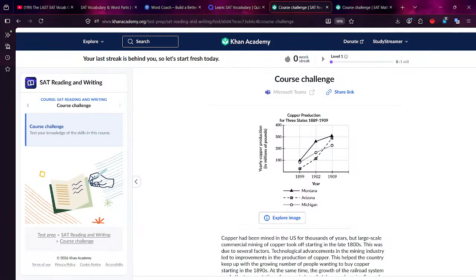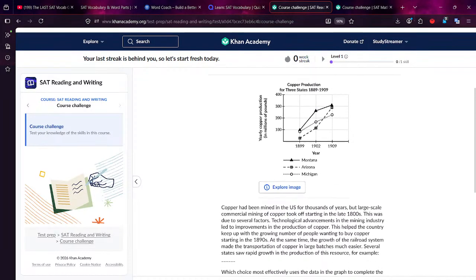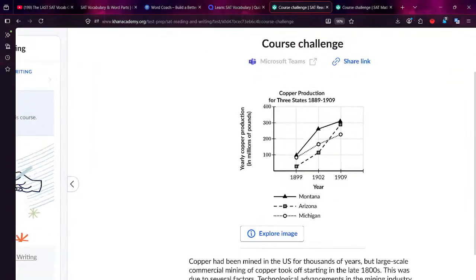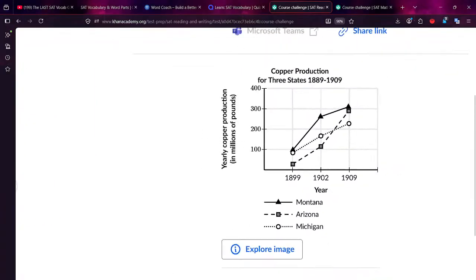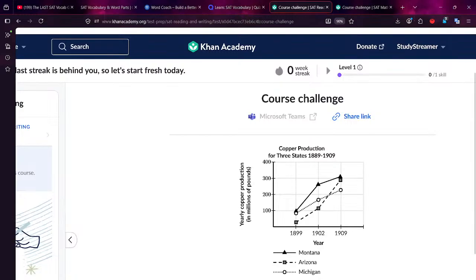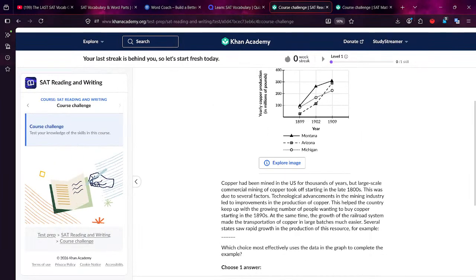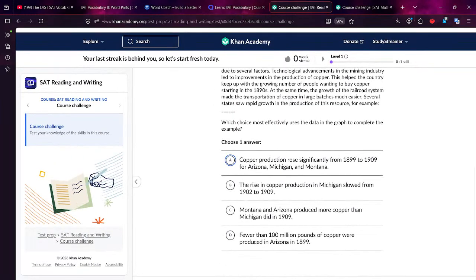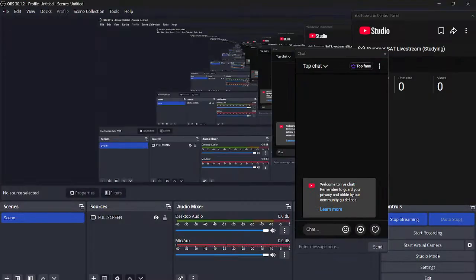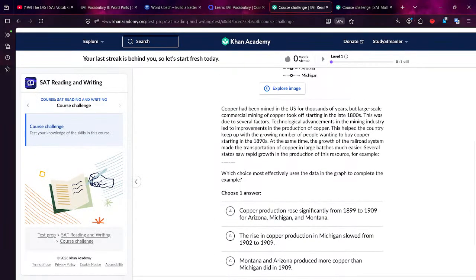Gonna skip this for now. We're just gonna move on to this currently. Moving on to this, right? Which choice most efficiently uses the data in the graph to solve the problems, right?